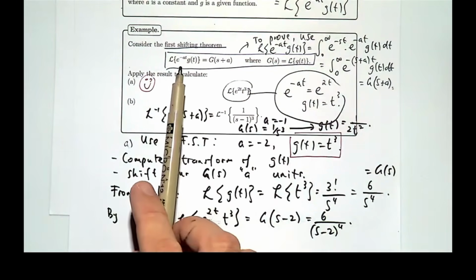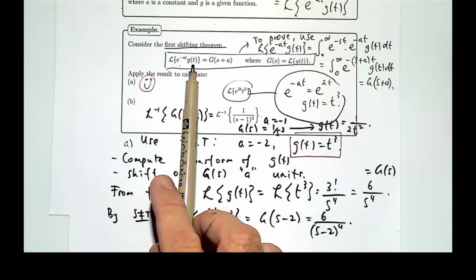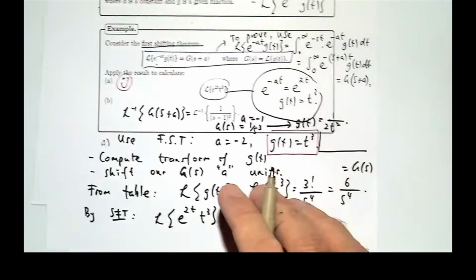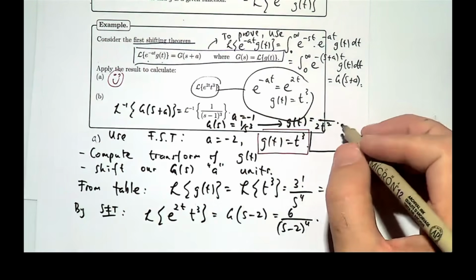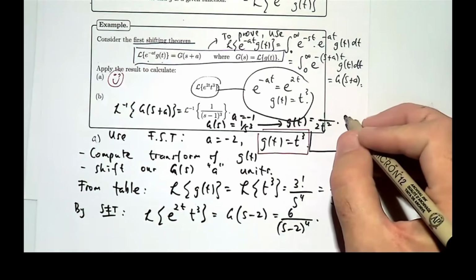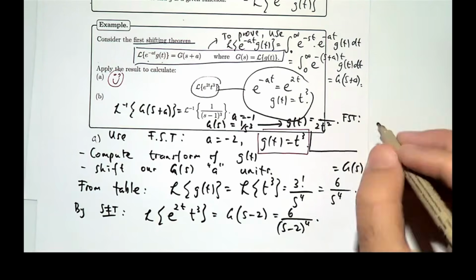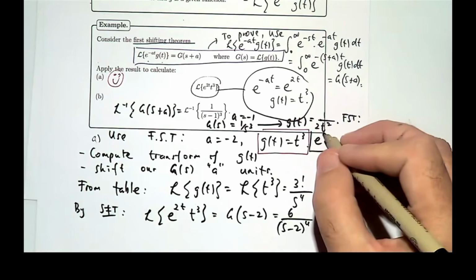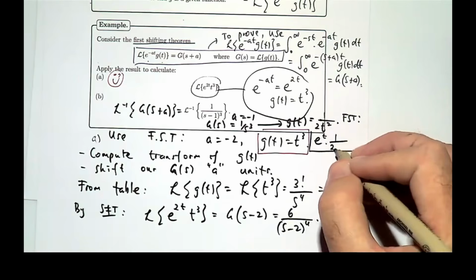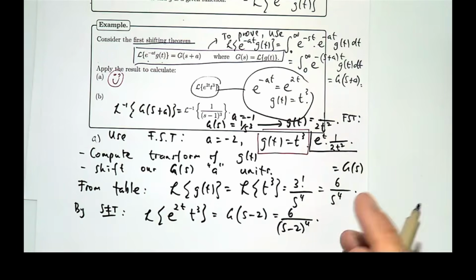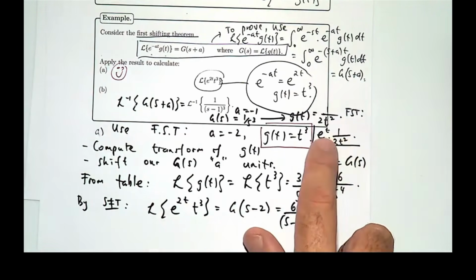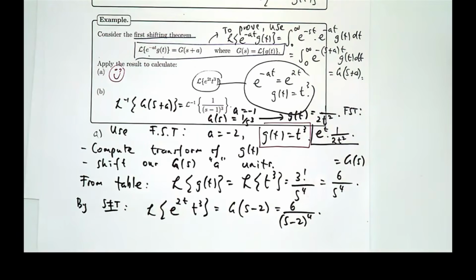So now we can multiply that by that to get our answer. By the first shifting theorem, we're going to get e to the t times 1 on 2 t squared. There it is. That is the inverse transform of that bad boy there.